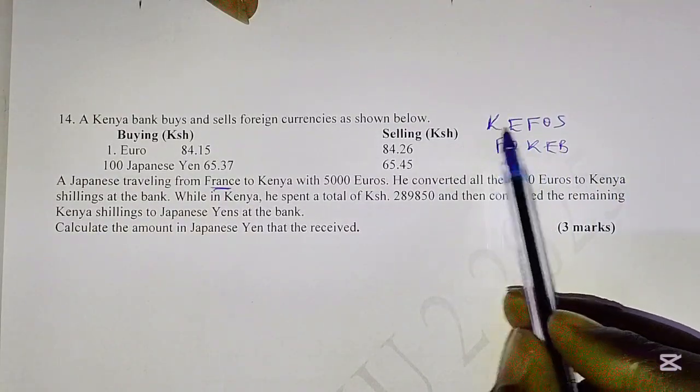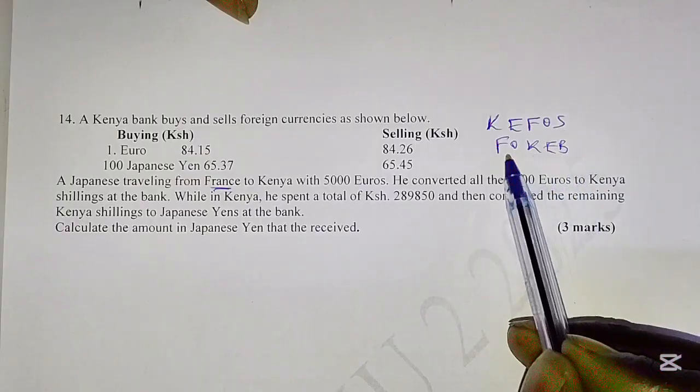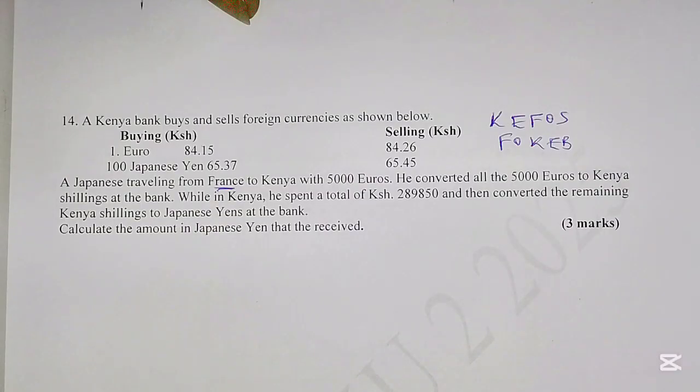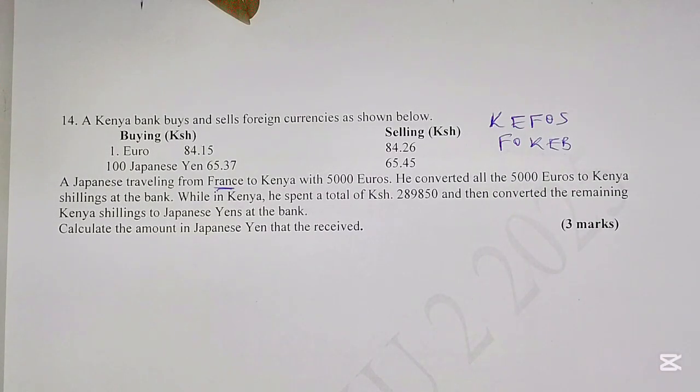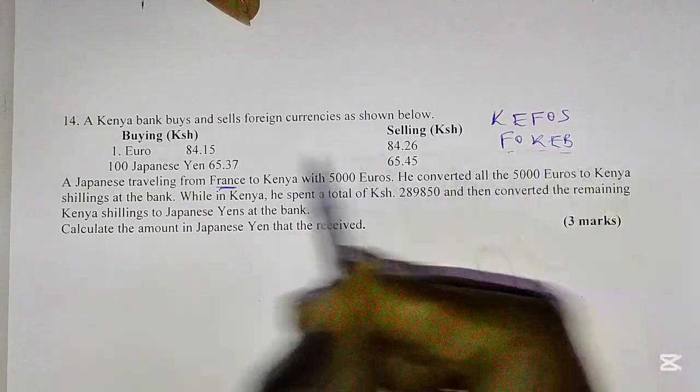If you are transferring Kenyan money to foreign money, you use the selling column. Foreign money to Kenya, we use the buying column. 5,000 euros is foreign money, so we use the buying column of euros.